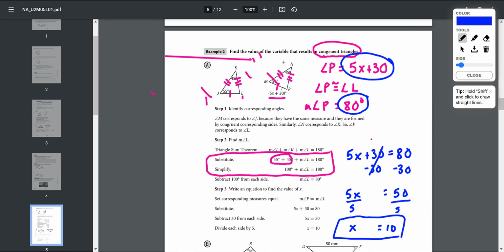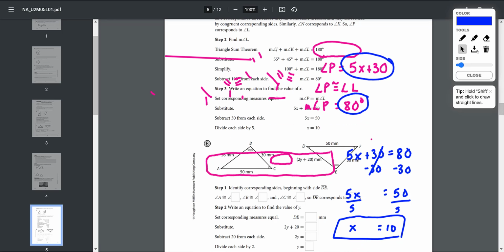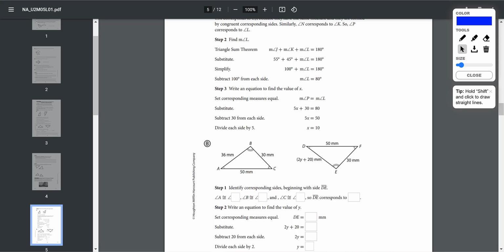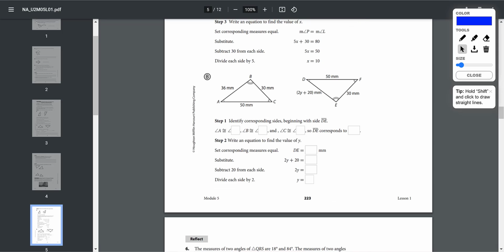Okay, let's look at one more example together. So same instructions, we want to find the value for y in this problem. That's the variable. And we're going to just walk through the way the book has this set up.